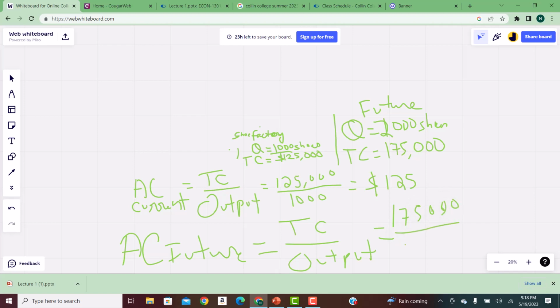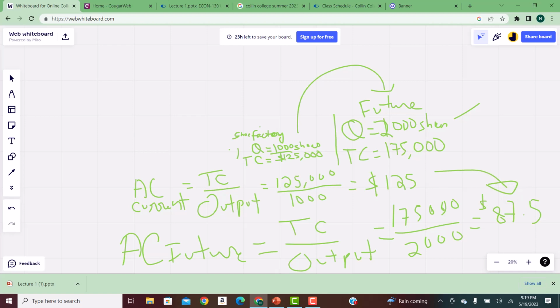And then they are producing 2,000 shoes. That's what's given here, right? So if we compute that, the average cost to produce one shoe is $87.5. So you see, when we are producing more shoes, from 1,000 to 2,000 shoes, the average cost is going down from $125 to $87.5.